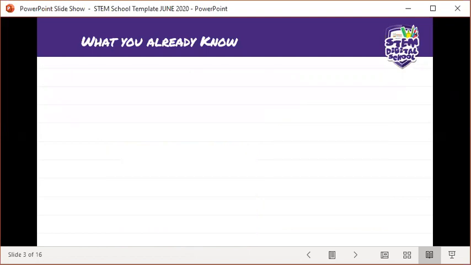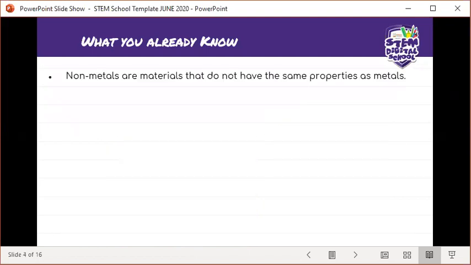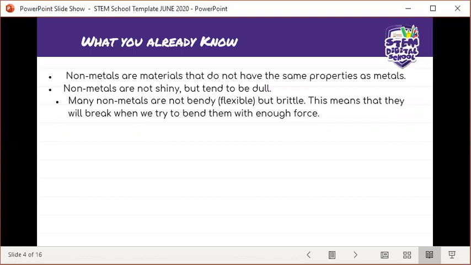Okay. Then we have non-metals. So non-metals, these are materials that do not have the same properties as metals. Okay, and then non-metals are not shiny, but they tend to be dull. So they do not have a bright color. Then many non-metals are not bendy, okay, so they can't bend.